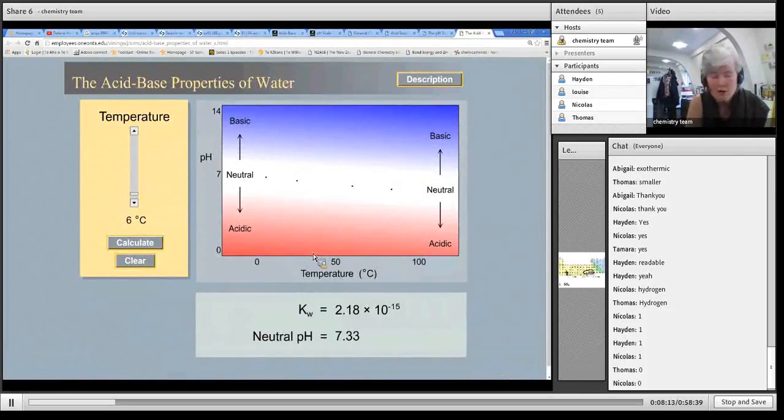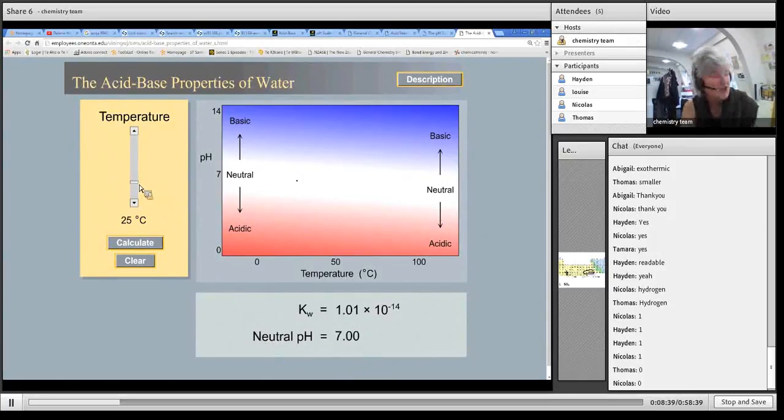Here is an example of what happens when you change things. So if I make this 25 degrees, I should actually clear it and then first make it 25 degrees. If I calculate my pH of water, it's going to be pretty much 7. Okay, you can see it neutral of 7.